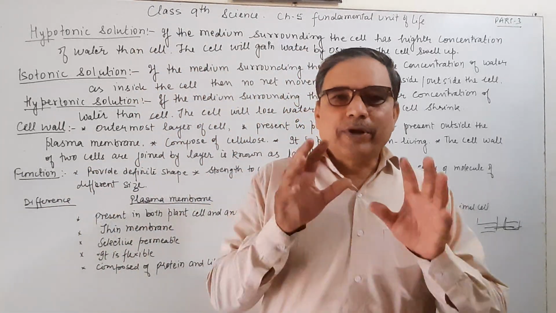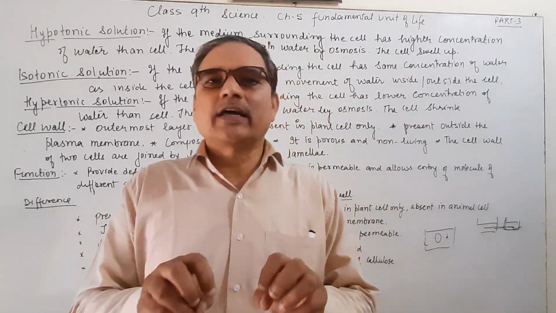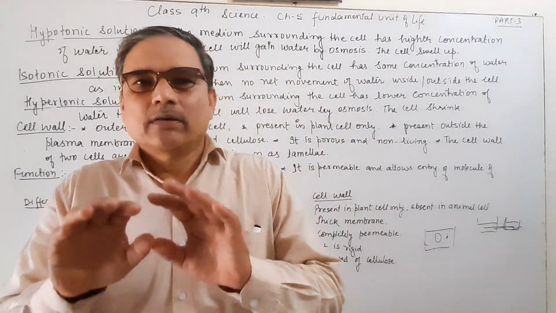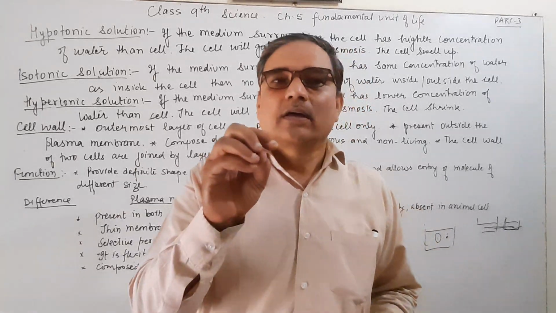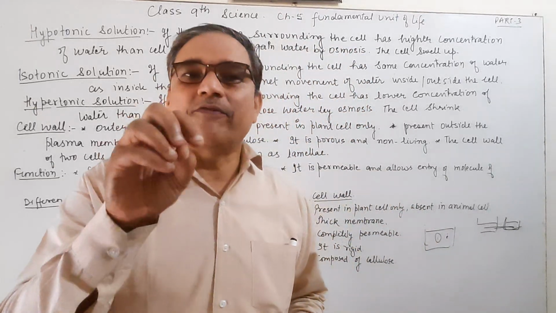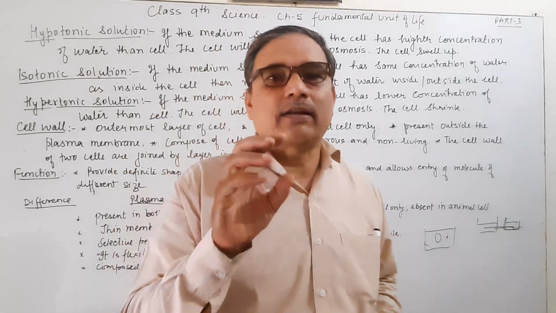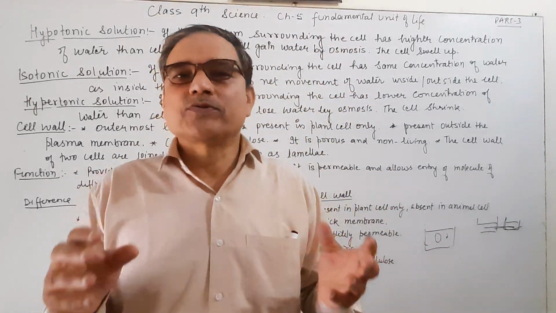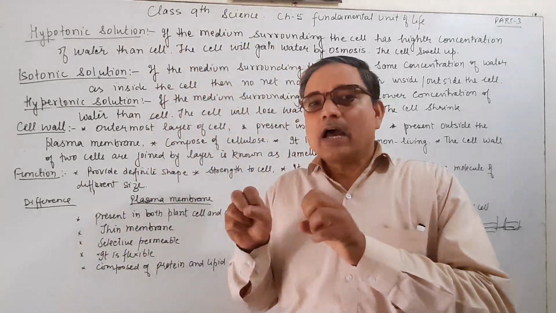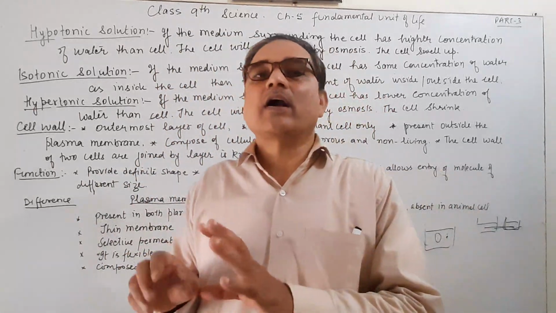It is present only in plant cells and absent in animal cells, due to which the cell wall gives the definite shape and gives rigidity to the cell, to the plant. It is made of cellulose, porous, not flexible, hard.